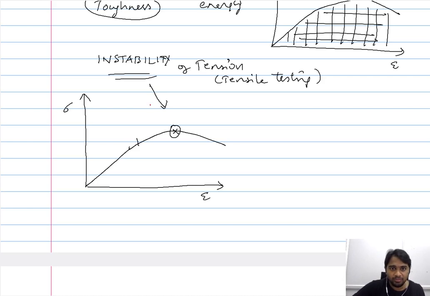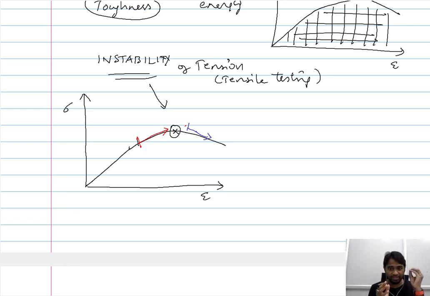So beyond the elastic limit, you have a continual increase in stress as you increase the strain. However, beyond this point, there is a decrease, and this is because you have the necking, a geometrical change in the material. So the cross section of the material decreases. Now, in the initial stages, when there is a marginal change in the cross section, there is a balance between the necking and strain hardening.